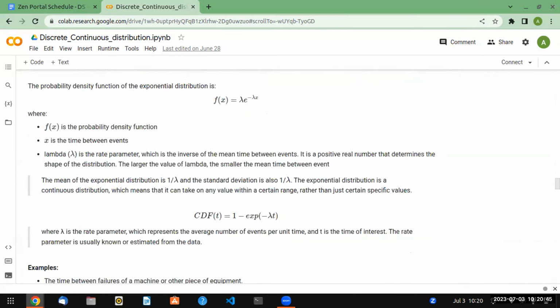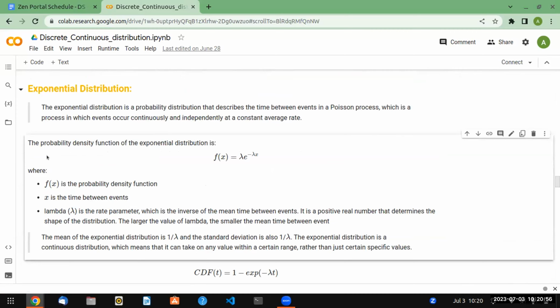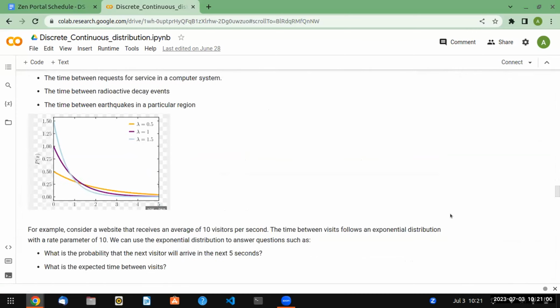Now let's see another type of distribution called exponential distribution. What is the benefit of this one? Suppose again you are given some unknown data and you plot that data. The exponential distribution will look something like this. There it was a bell-shaped curve. Here it will look something like this.